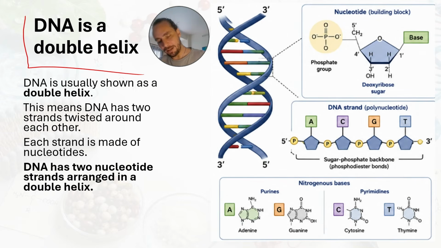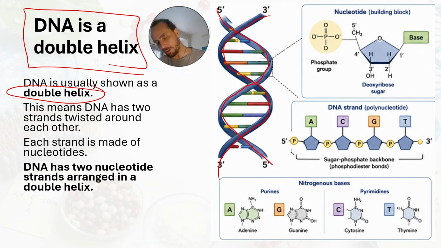Now, DNA is a double helix, so it's usually shown as a double helix as well. A double helix just means that it has two backbones that are connected to each other. It means that DNA has strands twisted around each other, and each strand is made of nucleotides. So there's a nucleotide, nucleotide, nucleotide, nucleotide.